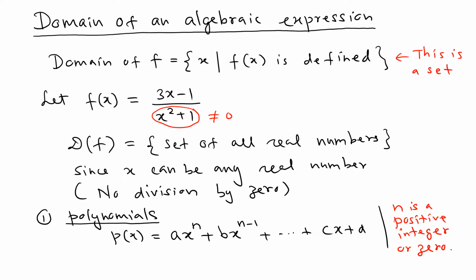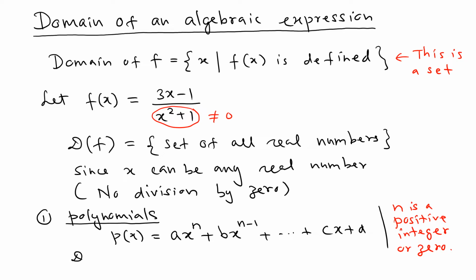Because n is a positive integer, there are no divisions and there are no roots. There are no square roots, because n would have to be a fraction in this case. That means you can plug in any value here. So if you have a polynomial, the domain is all real numbers because there are no divisions or roots.